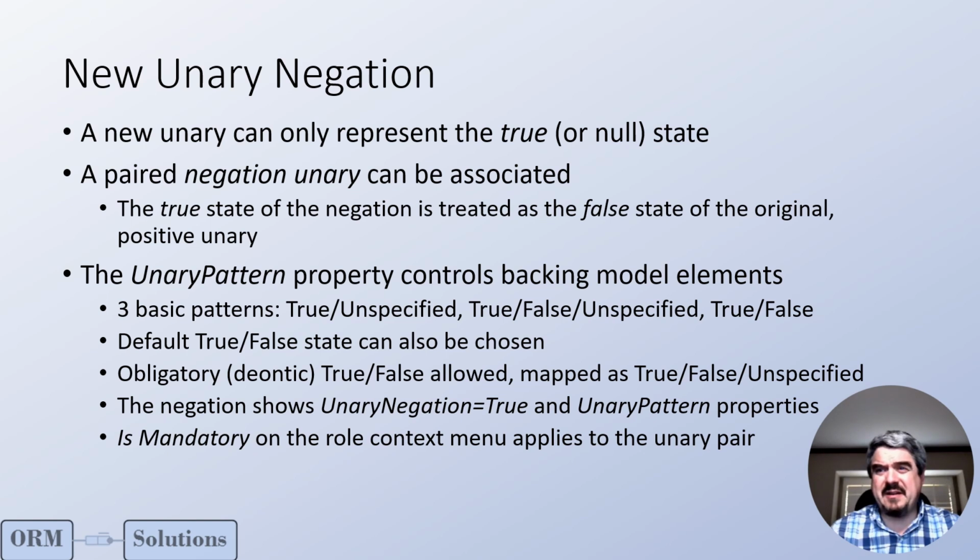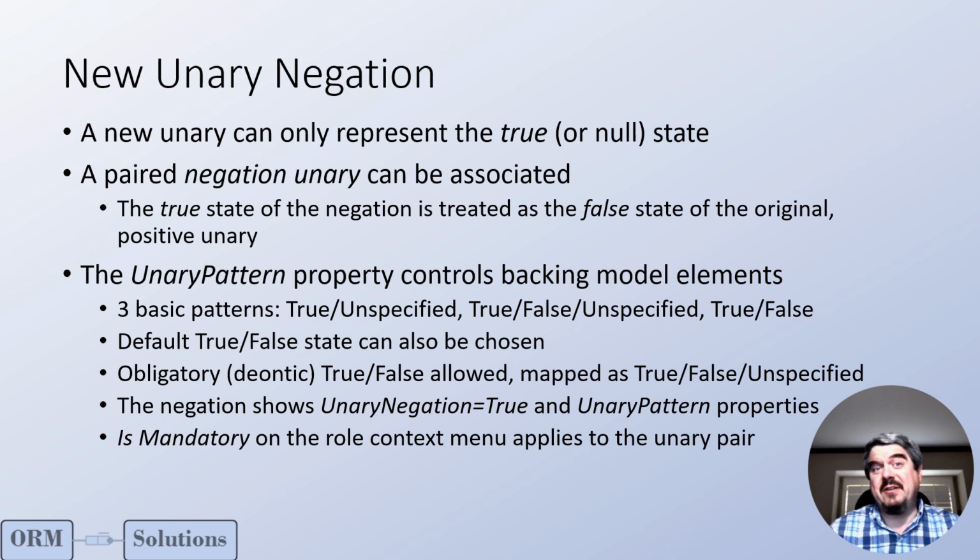You would have had to make that notation directional because you need to know which one is positive, which one is negative. And if you only have one of those out there without the other one, you wouldn't actually know which is positive and which is negative, or have any indication that you're looking at a negatable unary. So we went with the notation that is just the small plus and minus in the mandatory constraint space on the unary.